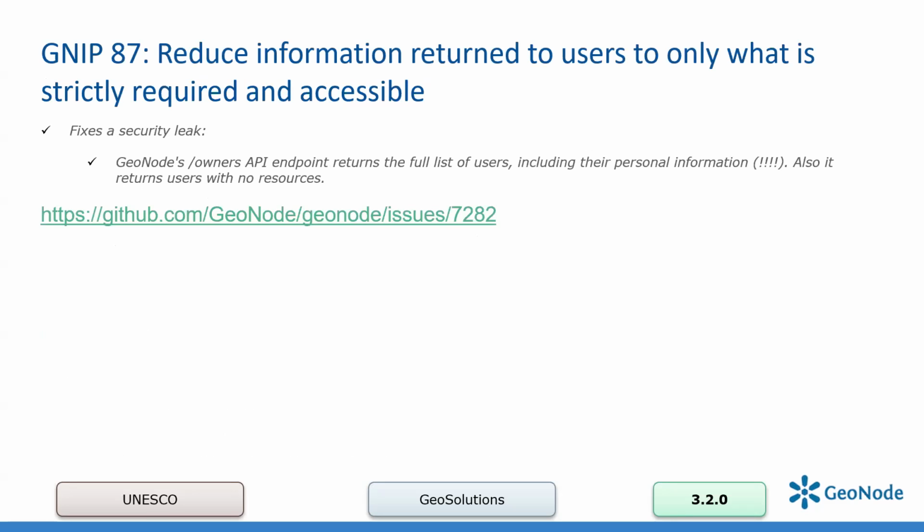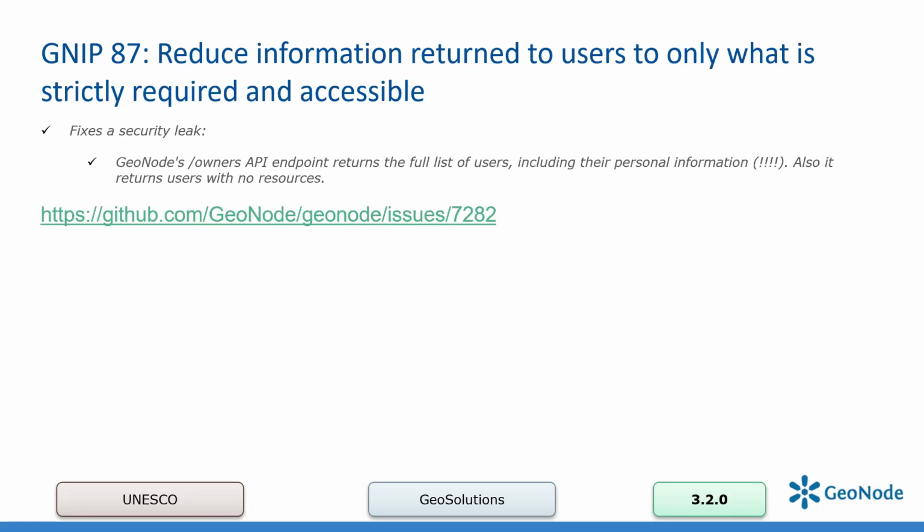Okay, there have been introduced a lot of security fixes, in particular for the privacy of the people. So now it won't be possible to see the public fields of a user who is registered into the portal, unless you are an administrator, of course.